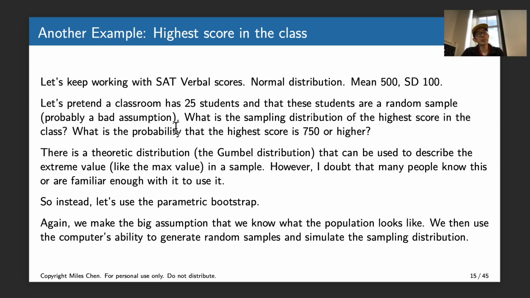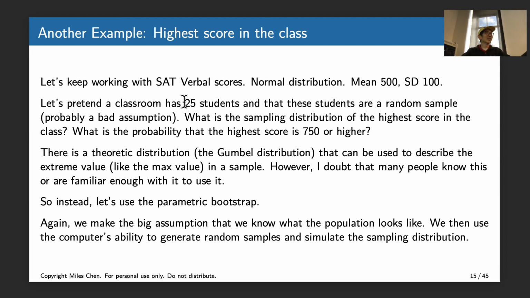Let's pretend a classroom has 25 students, and these 25 students are a random sample. This is almost never the case for how school works. When I went to high school, I probably saw the same 30 to 40 students in all of my classes, because I was put in the group of students expected to go to college.